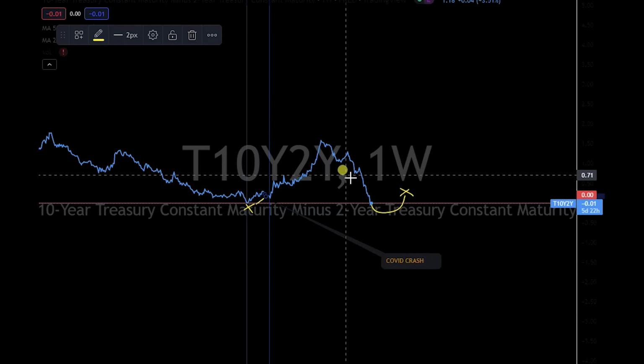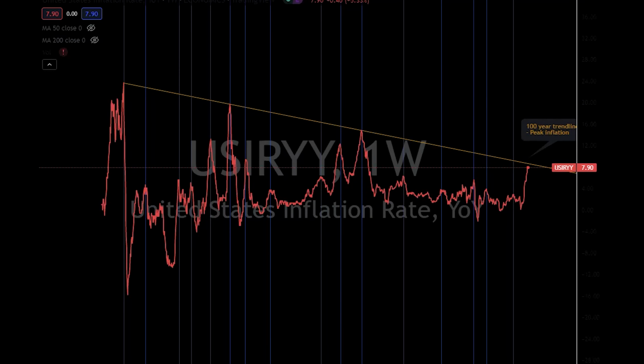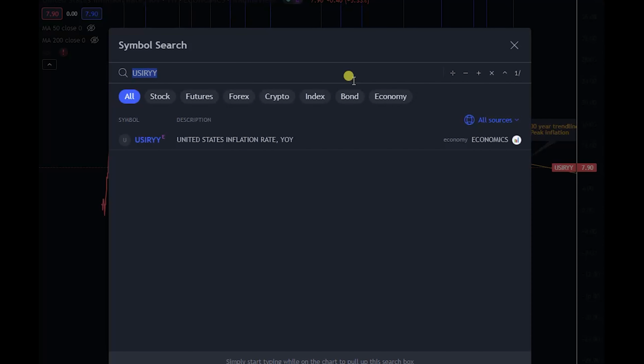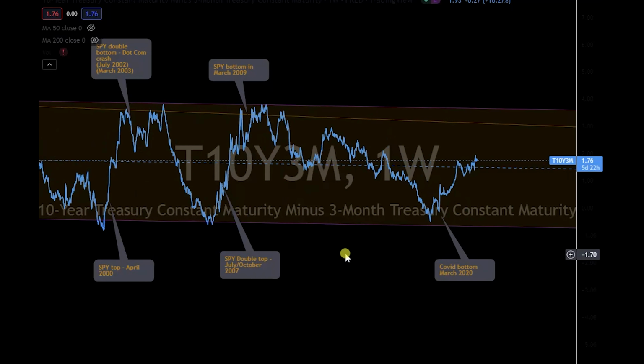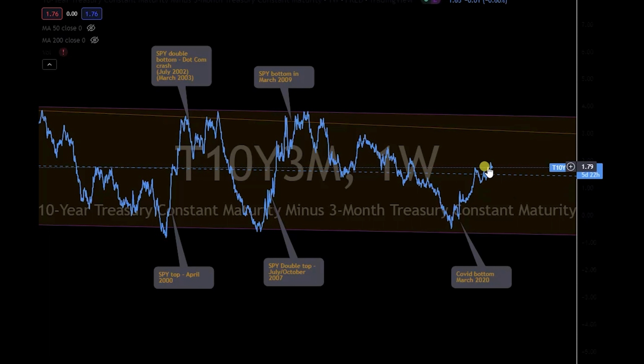So watching this ratio is extremely important. Understanding when it starts to steepen, that's typically when the markets are rolling over in their worst bout of selling.